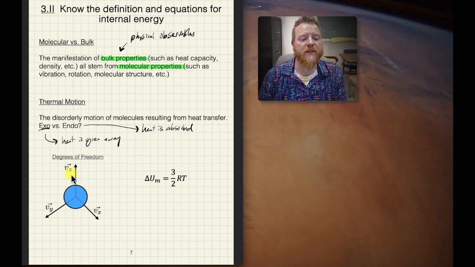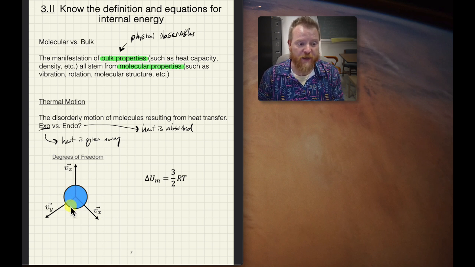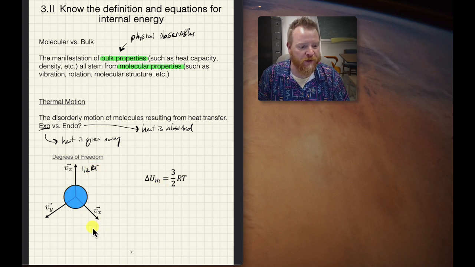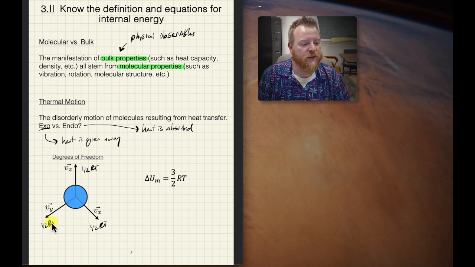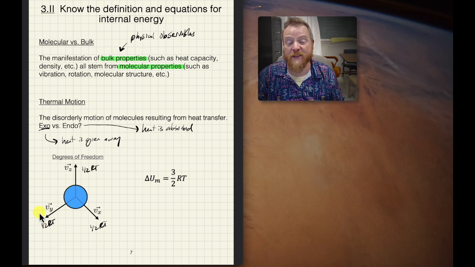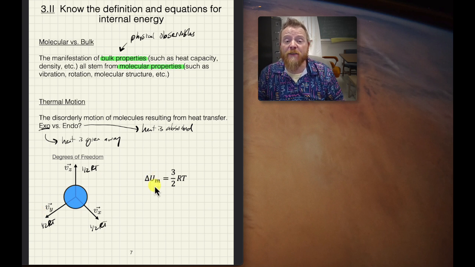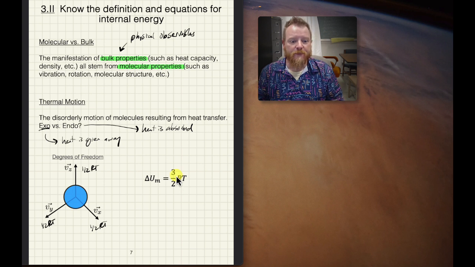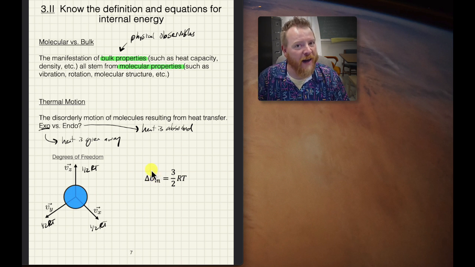So recall we discussed the degrees of freedom in our introduction, right? We get our 1/2 RT, because we've got the molar internal energy. We get 1/2 RT degrees of freedom for a simple atom, giving us a total internal energy of 3/2 RT. It's important to note, right, we talked about this as both the potential and the kinetic, but recall in an ideal gas, there is no interaction.